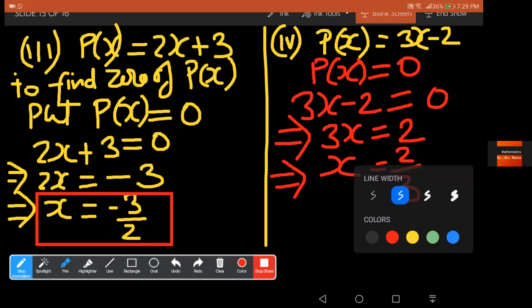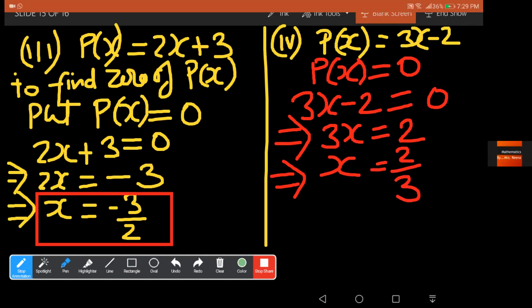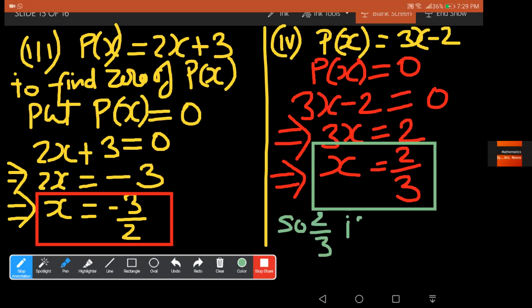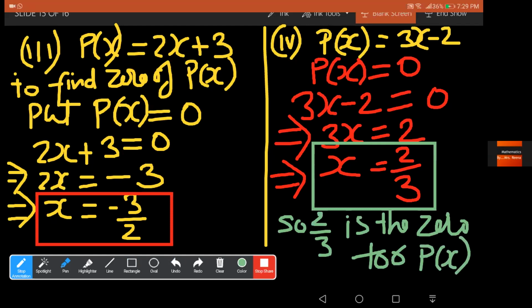So we can say that here we have x = 2/3. So 2/3 is the zero for P(x). Okay. So here we have done the third and fourth parts.